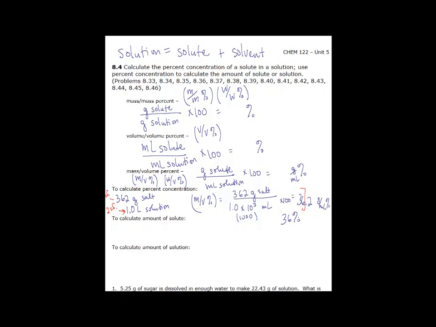So I gave you a specific problem. Now, that's one way you could be asked a question about percent concentrations. Another way is to calculate the amount of solute. So let's say I have a 4.5% volume per volume beer.